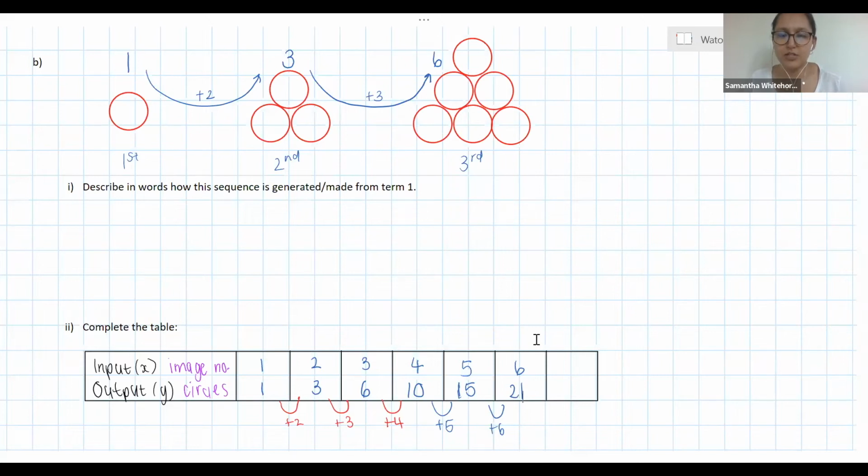Okay, so guys, let's try, what would image 8 have? So not necessarily the very next one. How many circles would image 8 have? I'll give everyone a second to give it a try. Oh, so many hands, lovely.